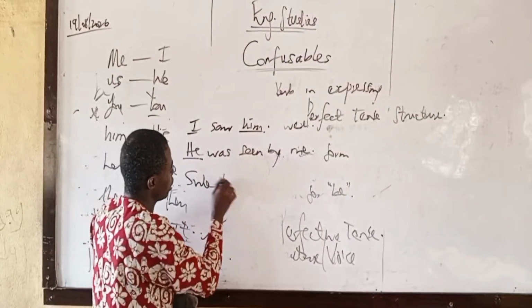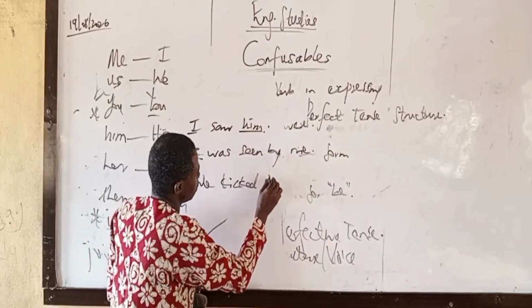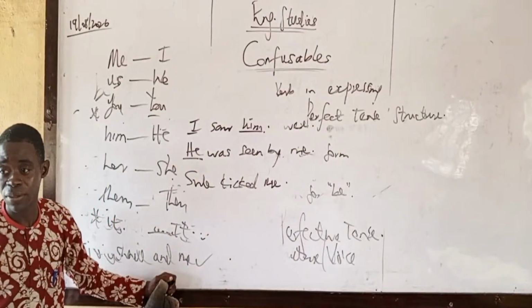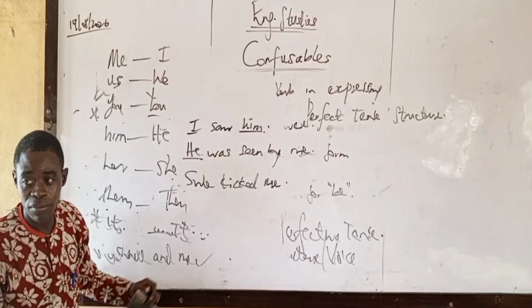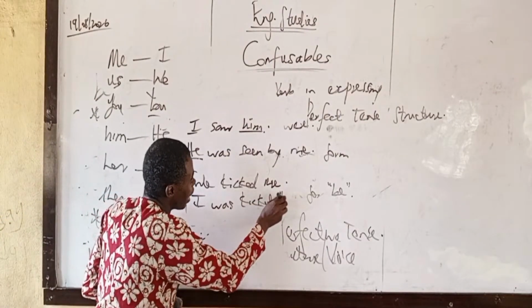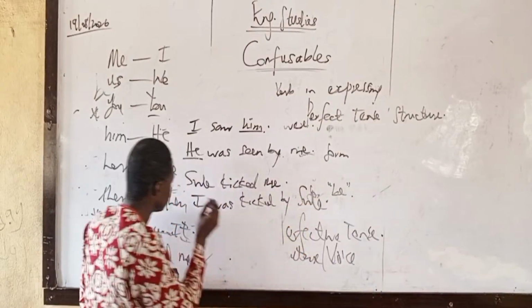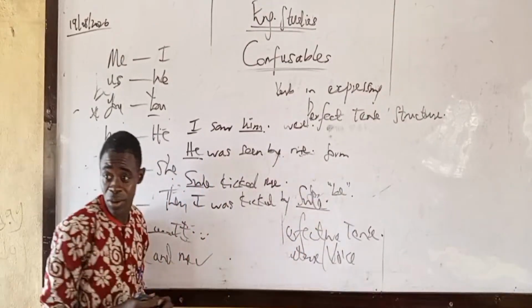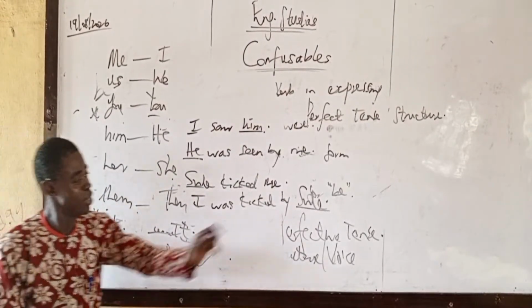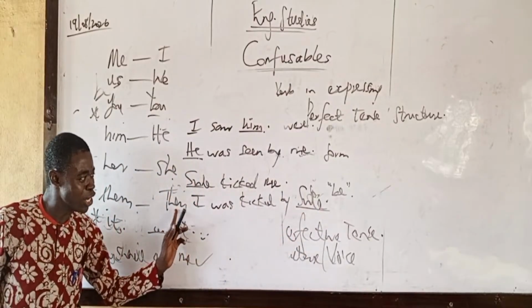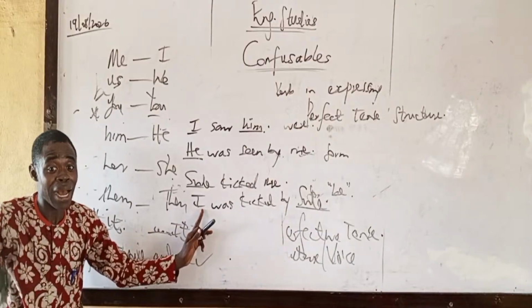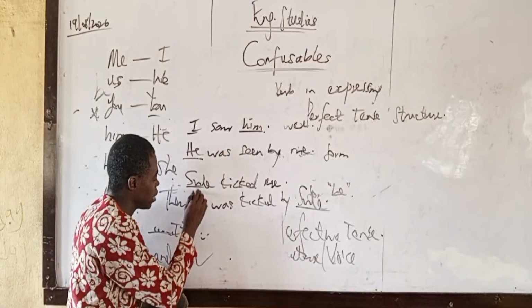"Sule kicked me." Active voice. Change to passive voice. "I was kicked by Sule." Now notice something. Sule is still Sule. I will not change the name because it's a noun. But then this is the subject. Is this a subject? Yes, but acting in the place of what? An object. I cannot say me.